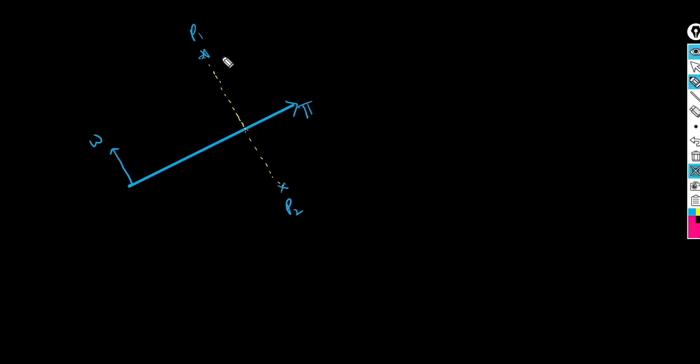For this point the distance d equals W transpose X by modulus of W. And for the other point the distance will also be W transpose X by modulus of W. This value is positive because it is in the same direction as the vector, and this value becomes negative because it is in the opposite direction to the point P.